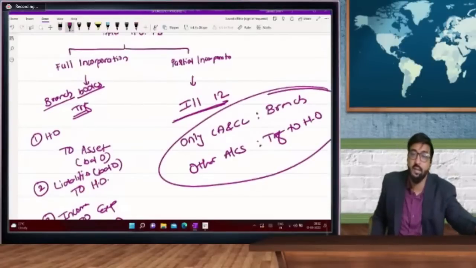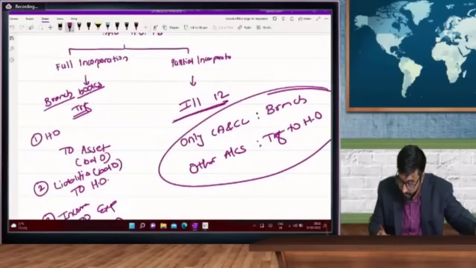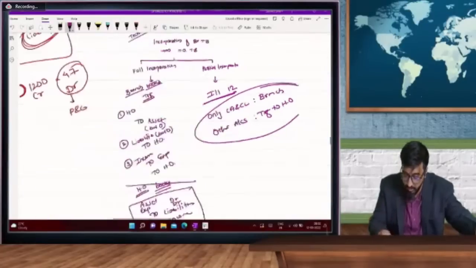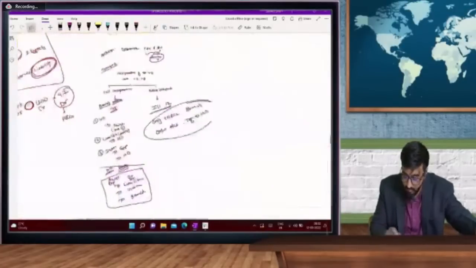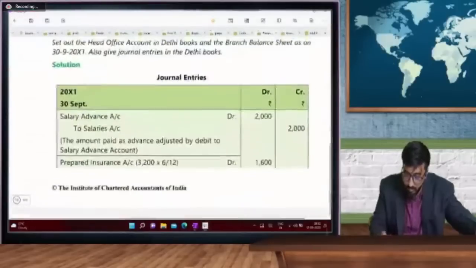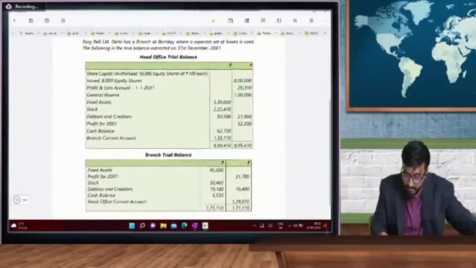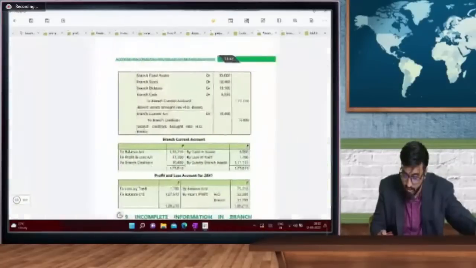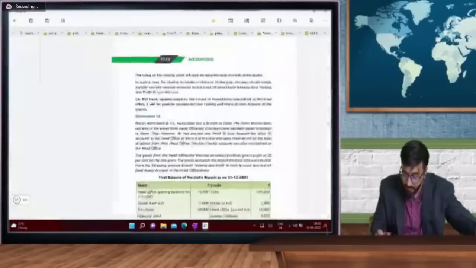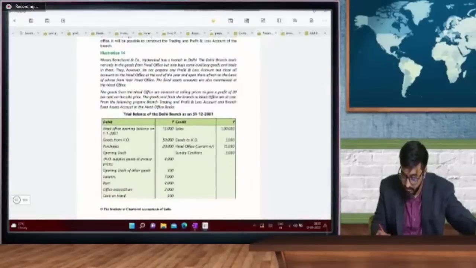Current assets and current liabilities are maintained by the branch and other accounts are transferred to HO. Yes, now you are getting this concept. And full incorporation means, beta, illustration number 13. Illustration number 13.